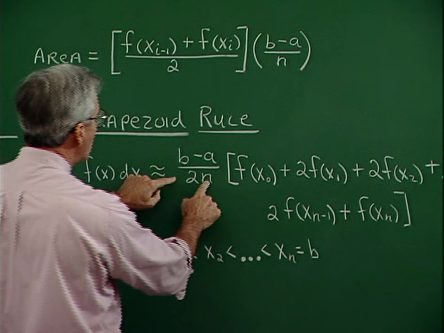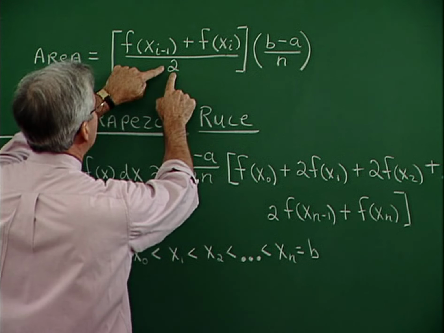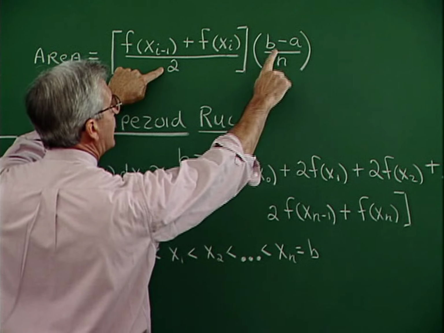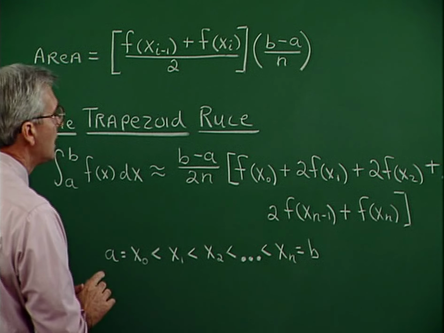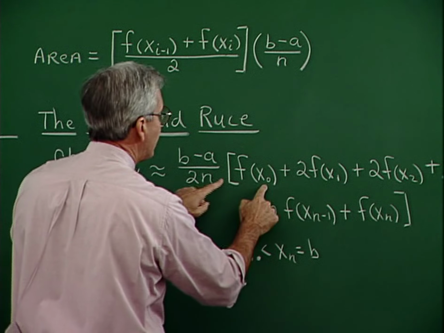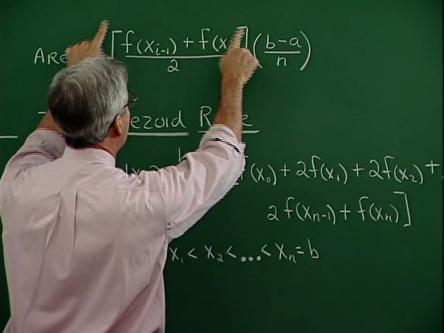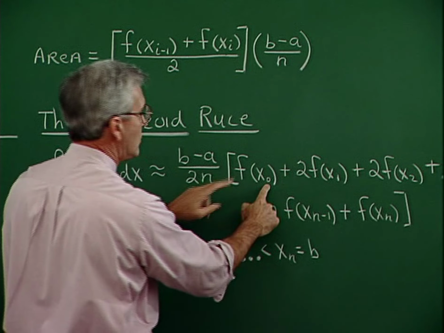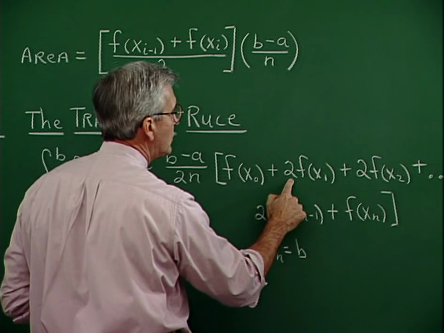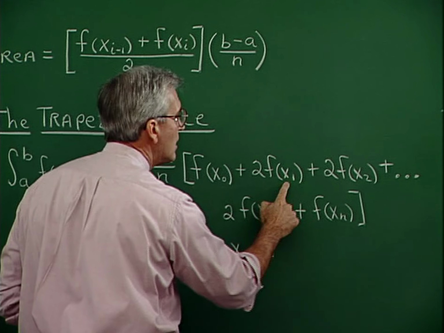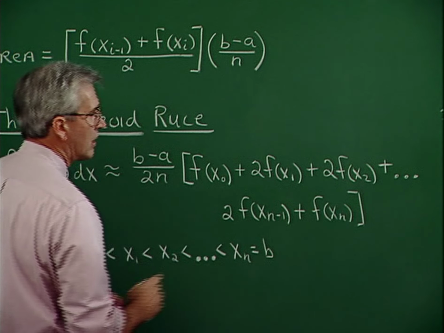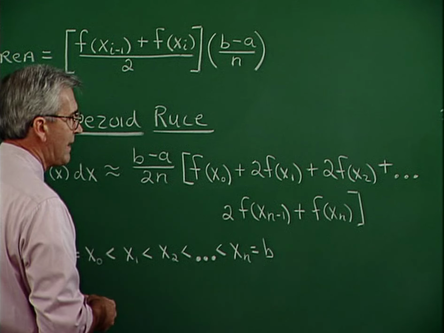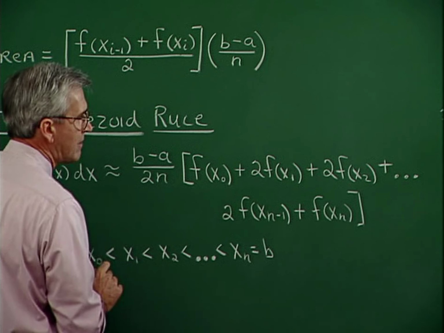Now, the 2n business, if you slide this 2 over here, it kind of gives validity to the idea of the b minus a over 2n. And then we're multiplying times f of x naught plus 2 times f of x sub 1 plus 2 times f of x sub 2. And I'll tell you why these 2's occur here in just a minute.